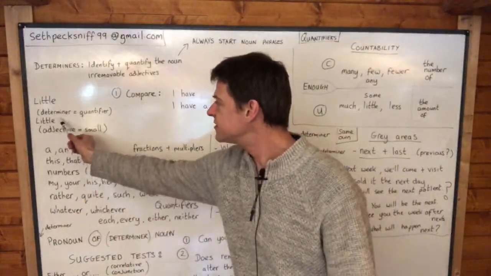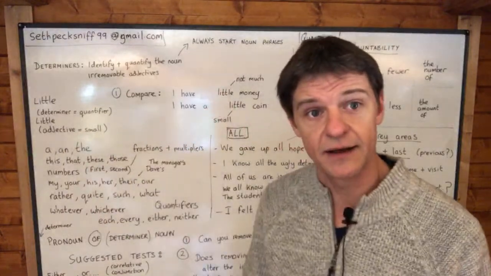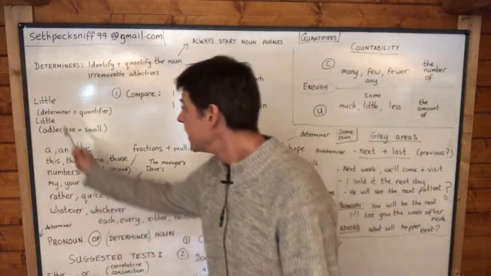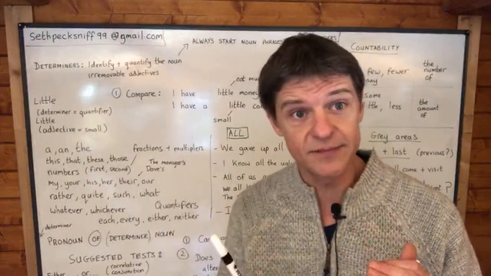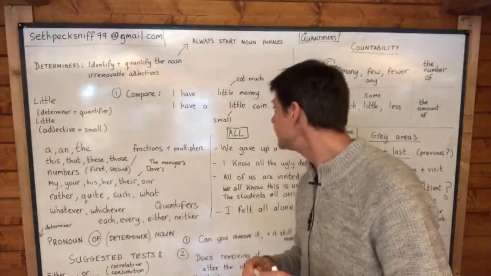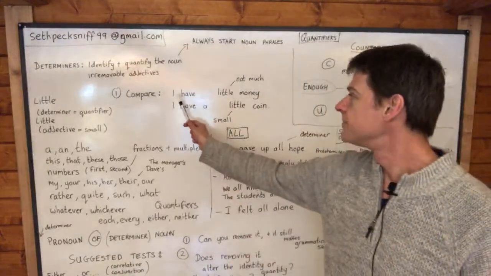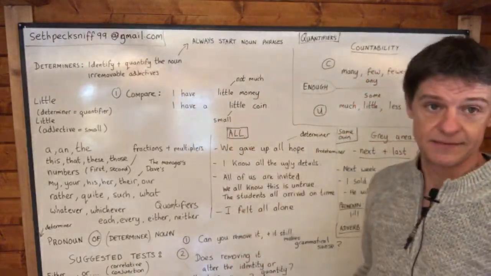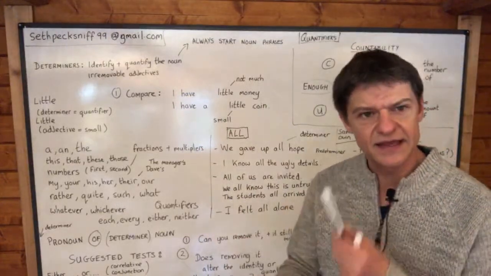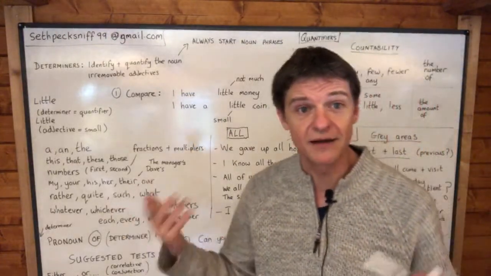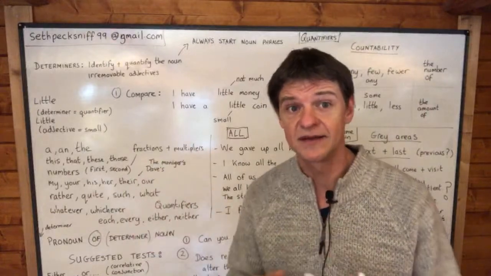So little, when it's a determiner, it's a quantifier that means not much. And little as an adjective is a describing word that means small. Now let's look at the difference. Compare, I have little money. You could even say I have very little money. And I think that that's more common for some reason among native speakers.